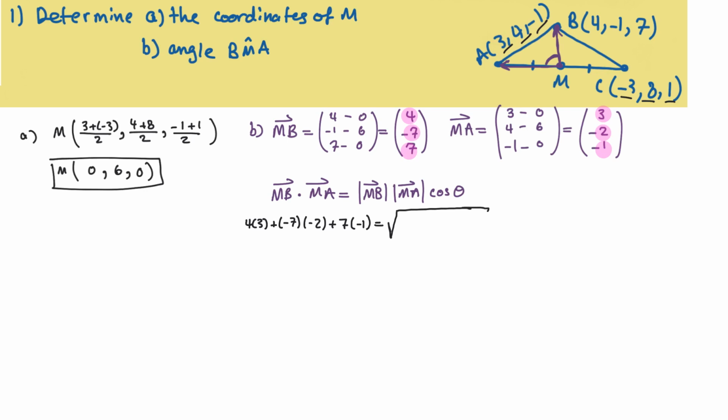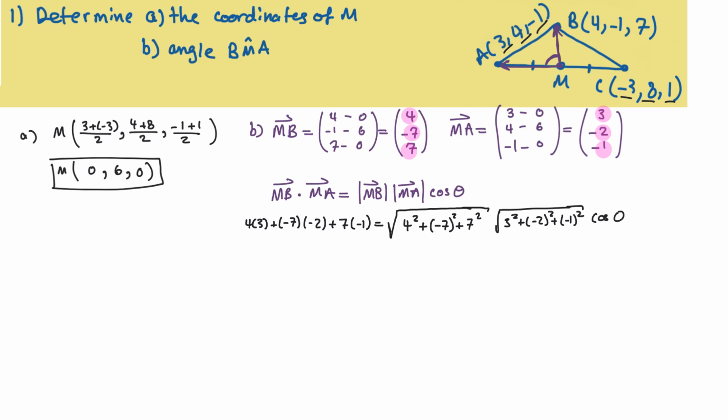For MB, my x component squared is 4 squared, my y component squared is -7 squared, and my z component squared is 7 squared. I am multiplying that by root of the magnitude of MA, which is its x component squared plus y component squared plus the z component squared.